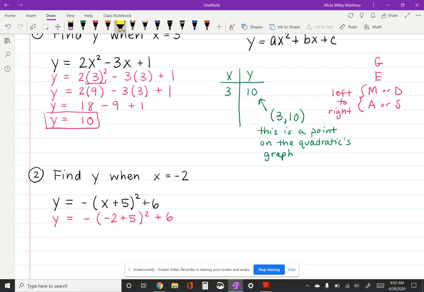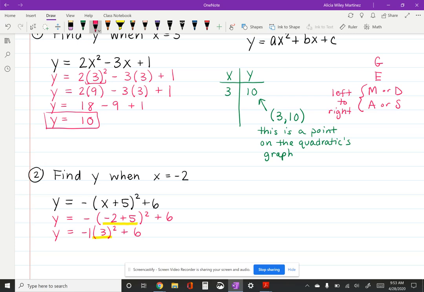Now in this problem, we do have some work to do inside the grouping symbol. So I'm going to work with that first. Negative 2 plus 5 is 3, square it, plus 6. Next I have the exponent. This negative in front, we'll deal with that later, but remember a negative in front means you have a 1 there.